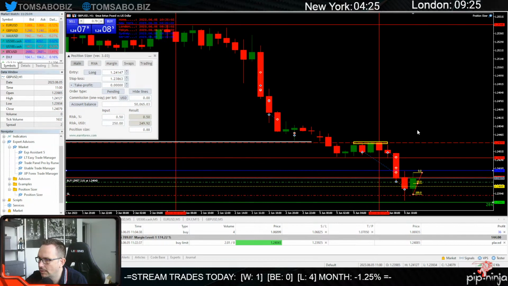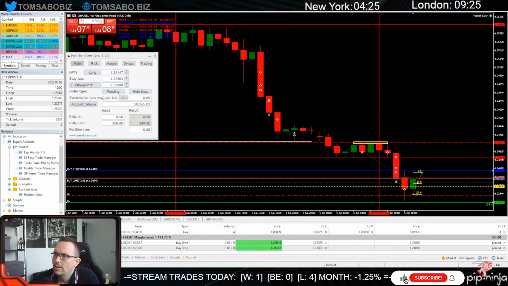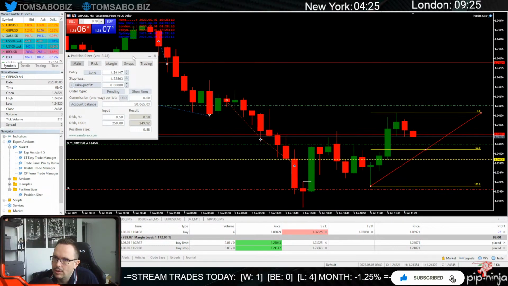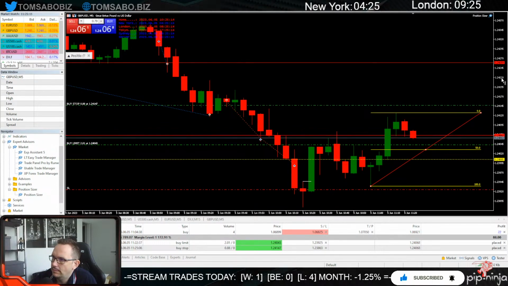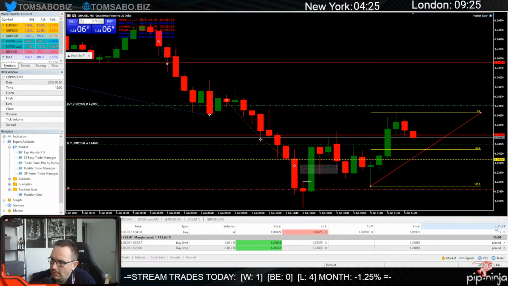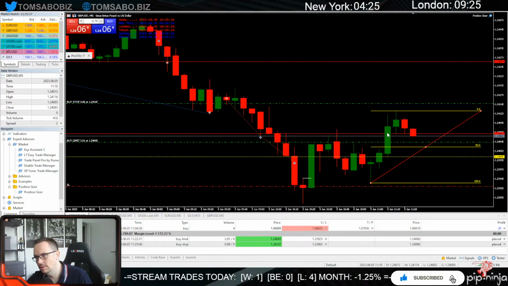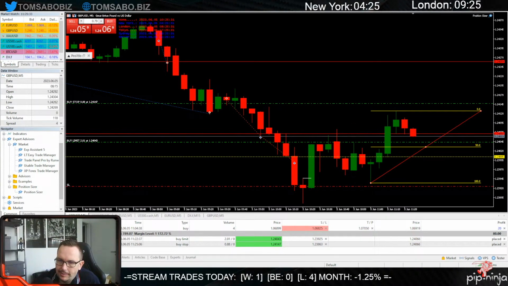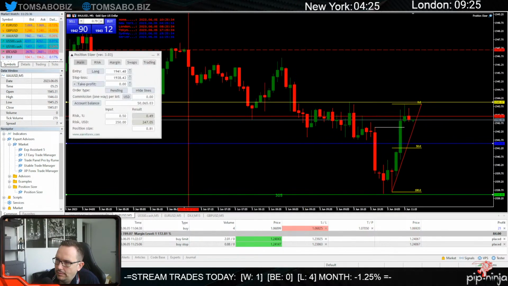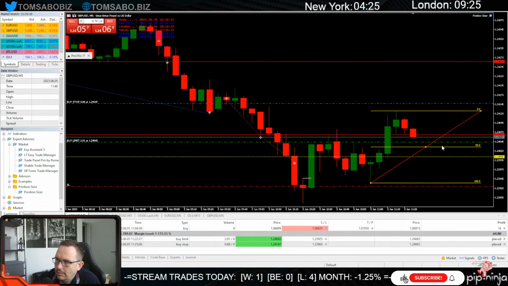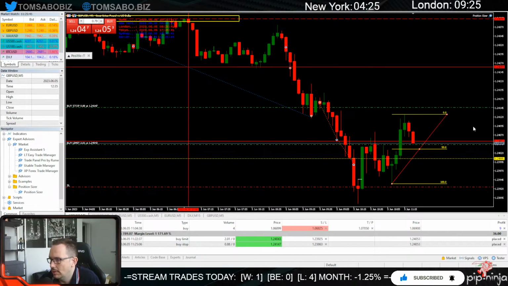Let's see. All right, so that's a swing entry right there. If we enter this trade right here, then I might cancel the other one.